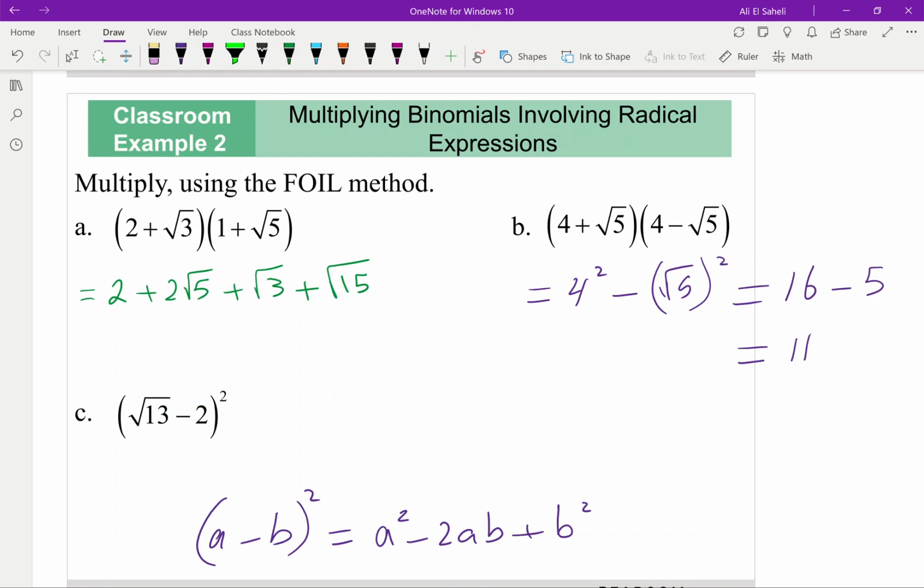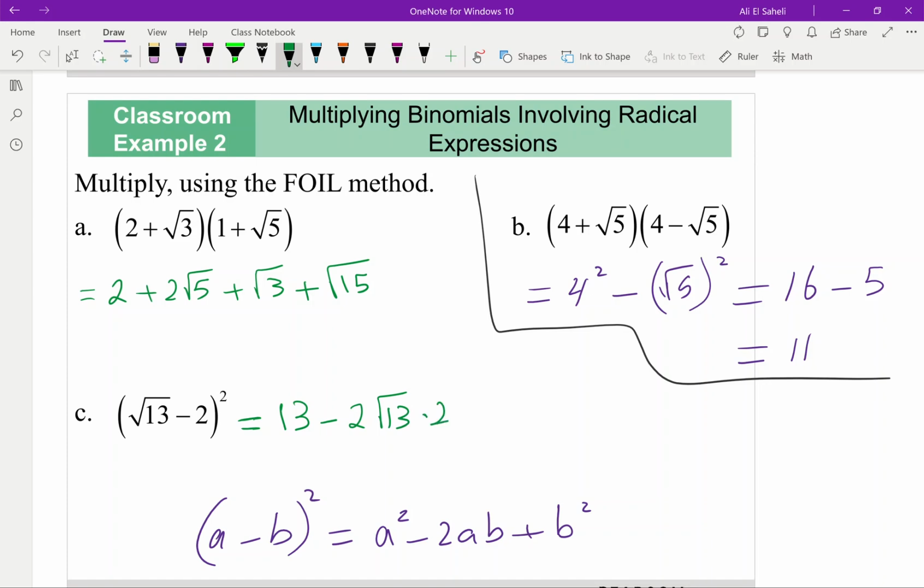So, A squared, radical 13 squared, the square and the radical cancel out, minus 2 times A, which is radical 13, times B, which is 2. Okay?